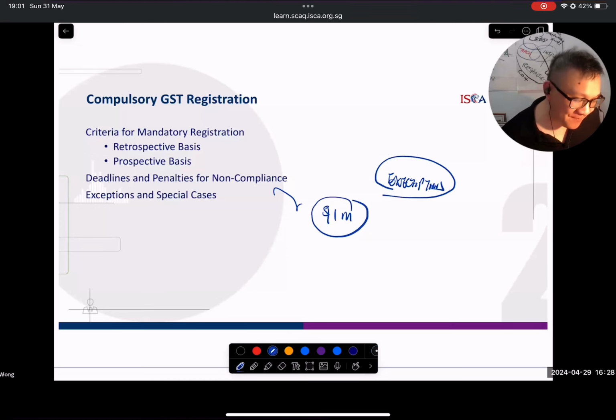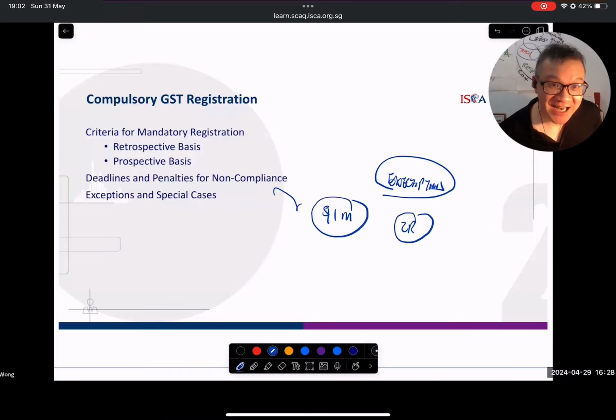At the same time, there are cases that depend on the nature of your taxable turnover. If your taxable turnover substantially falls under zero-rated supply, which is GST at 0%, you may apply for F2.